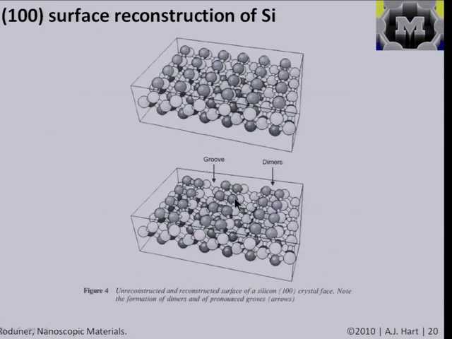If you have a 1,0,0 surface exposed, then 1,0,0 is just a representation for a particular direction in the crystal. So if you read again about crystal orientations and Miller indices, you'll quickly know what this notation means. Just as an example, if I take a crystal of silicon and I crack it in this direction, the atoms on the surface will reorganize from this configuration to the other configuration.